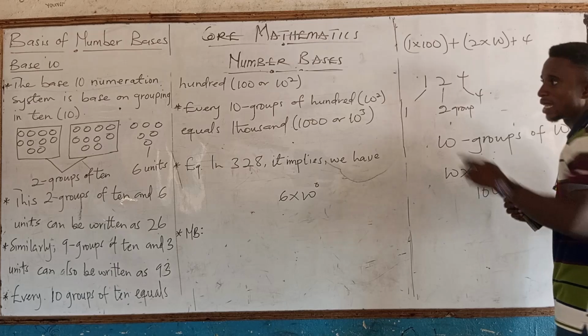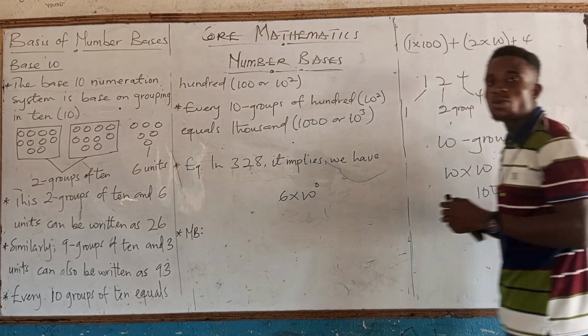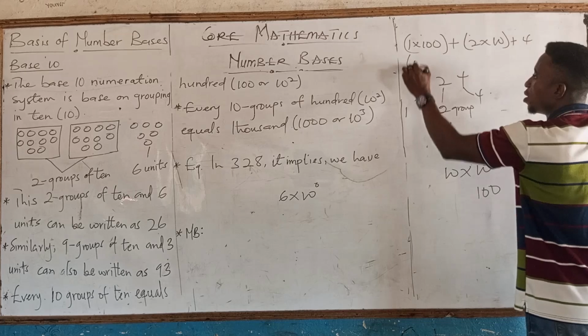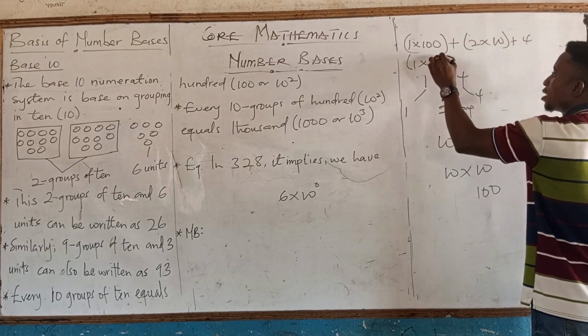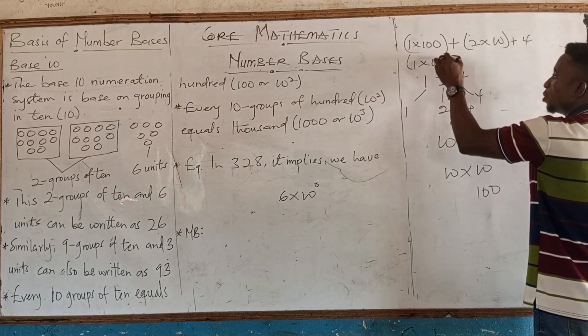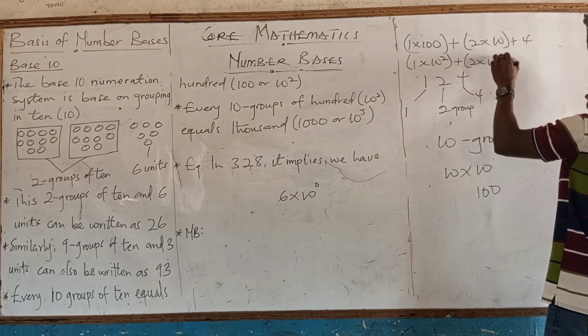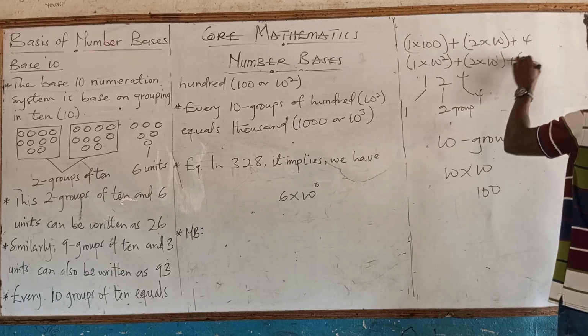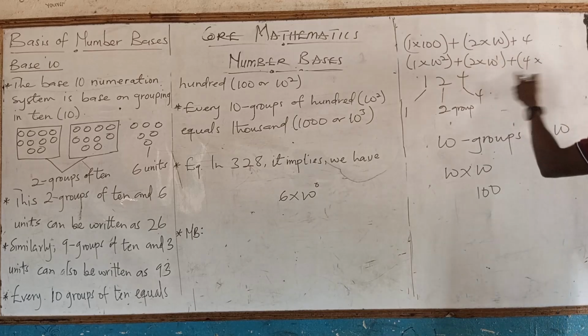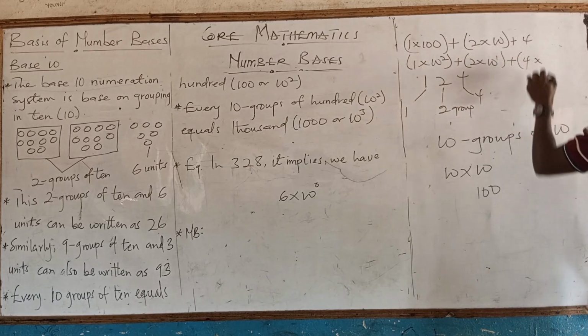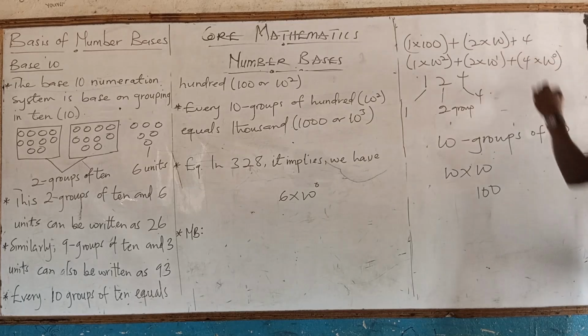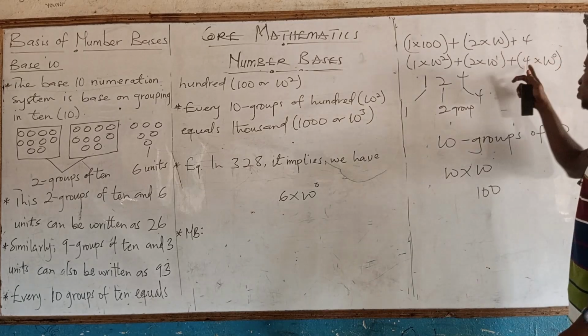So having something like this, I can write these ones with the base 10, for us to know we are in base 10. So this one can be 1 times 10 exponent 2. Then I'll have 2 times 10 exponent 1. Then plus, I'll have 4. And that one too, I can give it the base, so it will be 10 exponent 0. It's only that 10 exponent 0 gets us 1 to get the same 4.